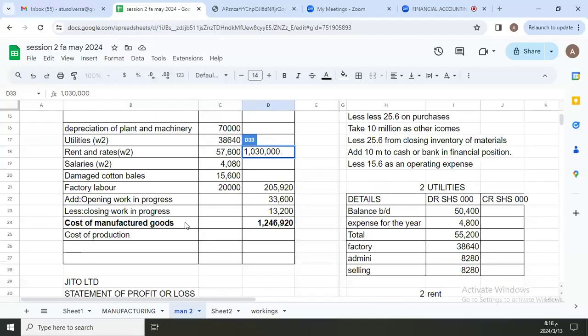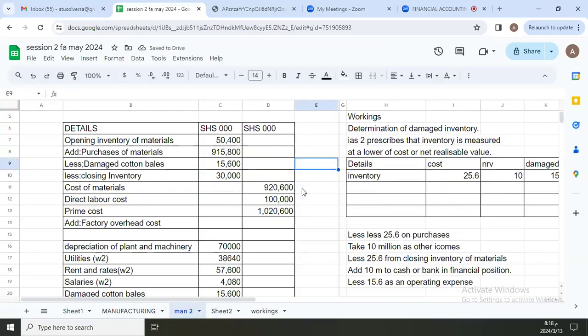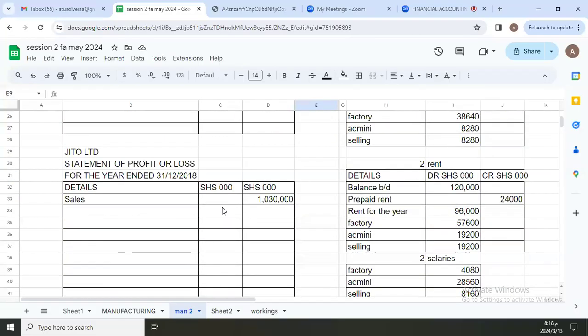For us, our damaged stock is 15,600. Therefore, the sale of the items of 10 million, we are going to consider as additional sales, not as other income as I had said.